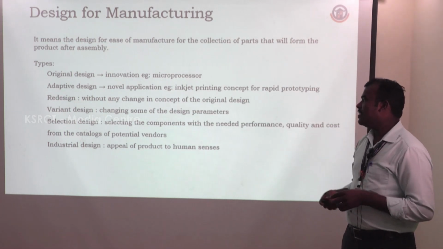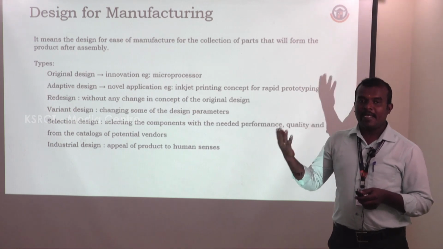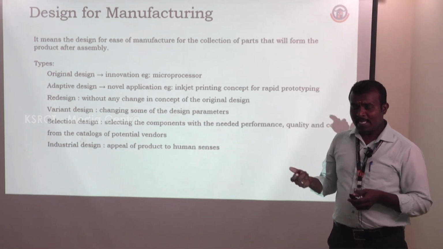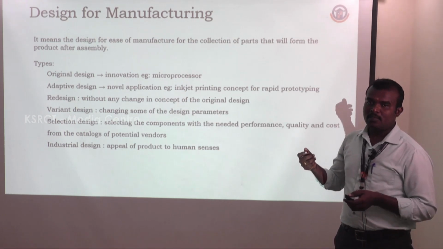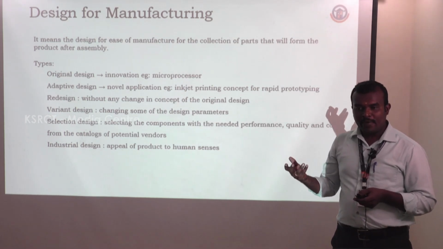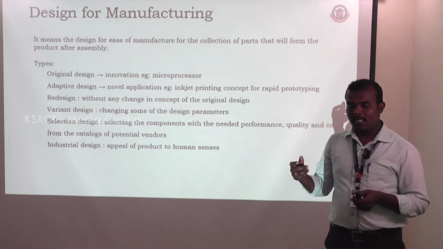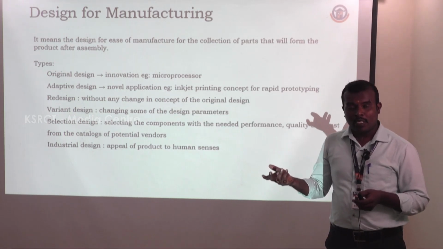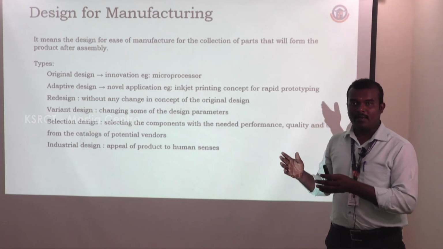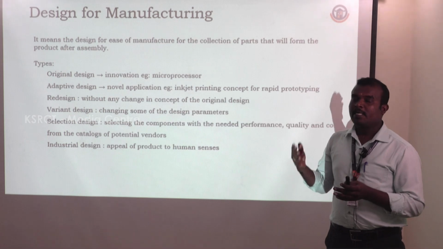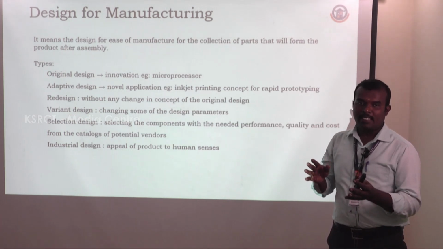And then the selection design. The selection design is similar to the variant design, but in some critical cases we need performance, so we have to invent a new component. That component did not perform well or did not meet our requirement, so we have to modify that design.